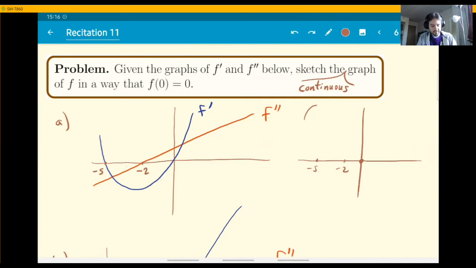Now between -5 and -2, both f prime and f double prime are negative. So now it is concave down, but also decreasing, like this. After -2, f double prime became positive, so now it is a smile, but f prime is still negative, so it's still decreasing.